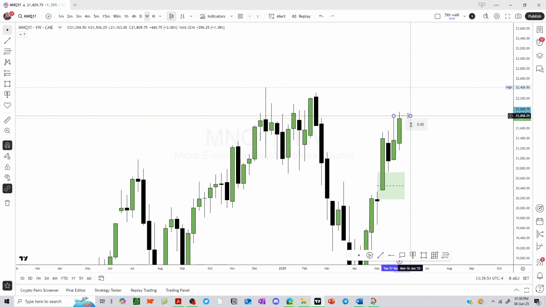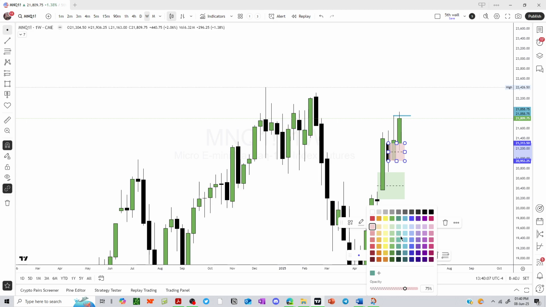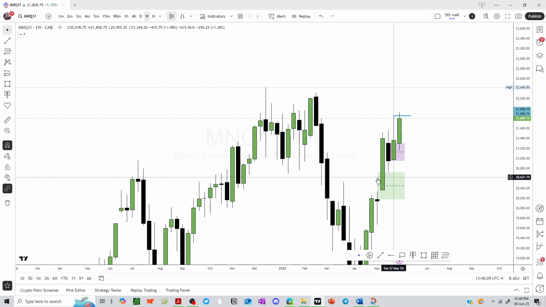So we have the previous week's high, and we have this order block here, bullish order block. We highlight that, purple. What else do we have that's relevant to this price action here?